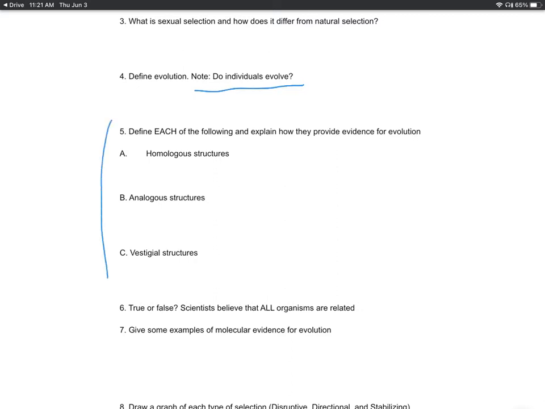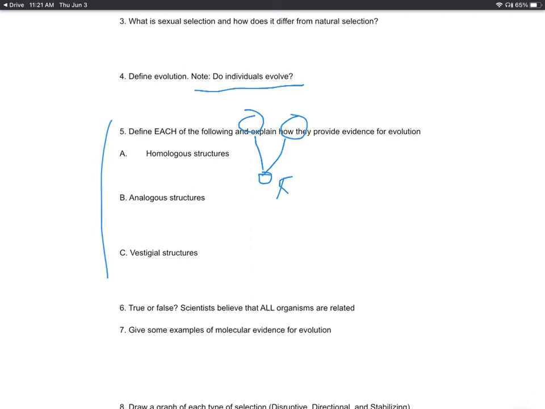Right. Homologous structures, the example of that was like the arm or forelimb bones in various vertebrates. These are structures that are similar because some ancestor developed that structure, and then the different species that came from them continued to have that structure.